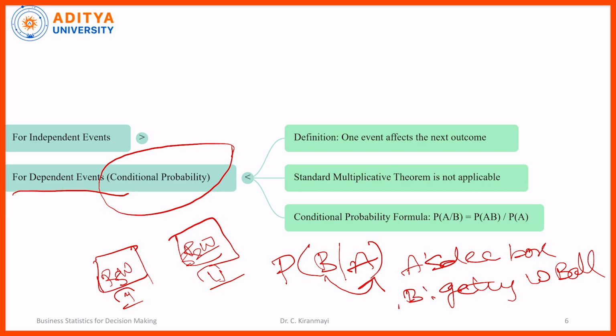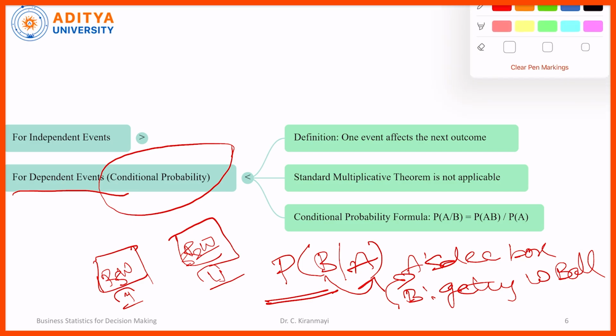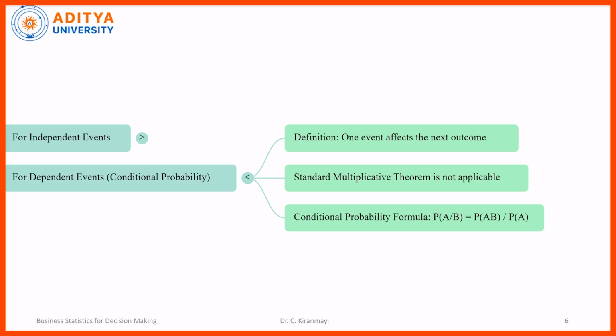Since getting a white ball is dependent upon the selection of the box, the probability of getting a white ball is called conditional probability, denoted as P of B given A. In case of conditional probability, the probability of occurrence of both the events, P of A intersection B, is given by P of A into P of B given A. This is how we can use the multiplication theorem in case of dependent events.